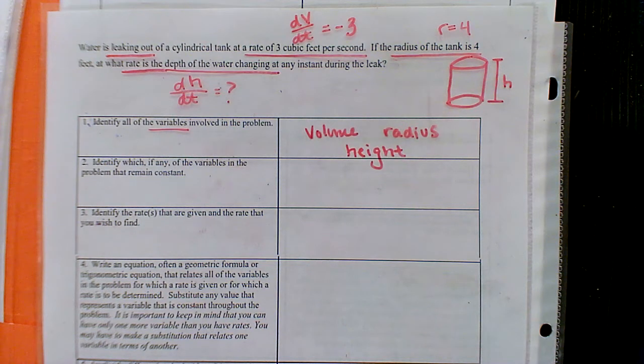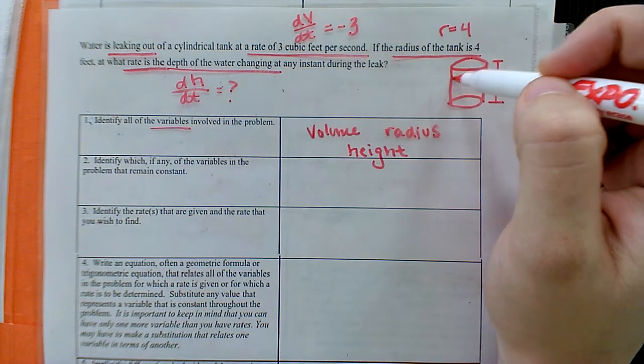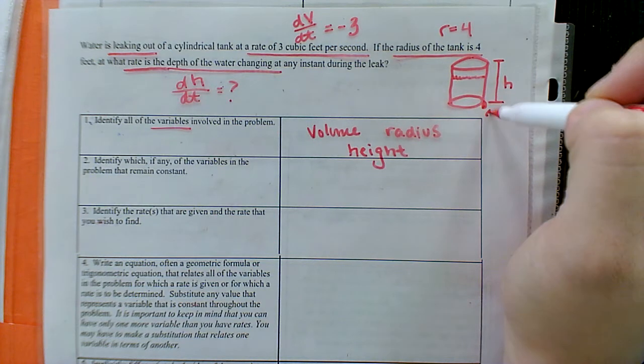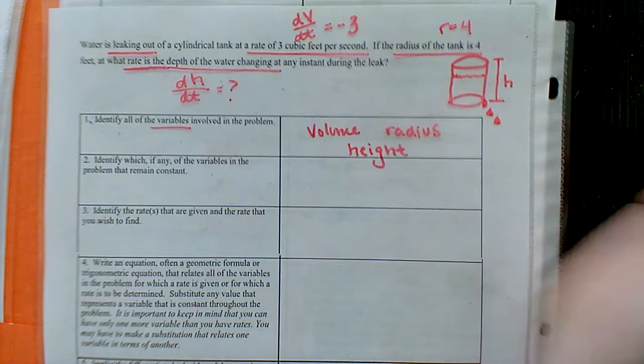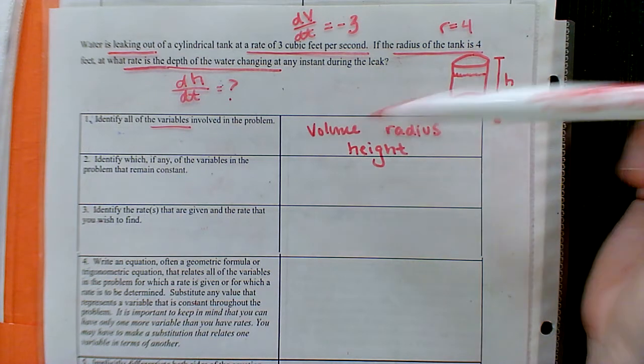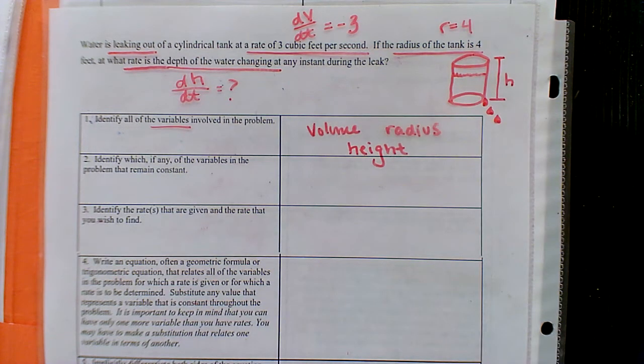All right, so imagine this scenario. You have water inside of this tank and you're losing water at some rate. As you're losing water, is the volume changing? Yeah, you're losing water, right? The amount of water that you have is changing. So that's not constant.